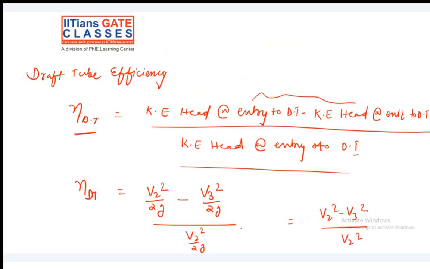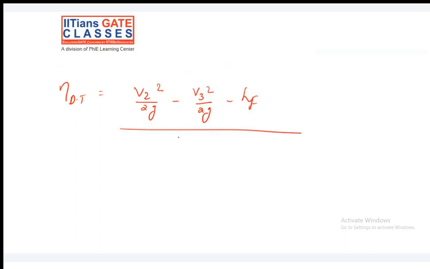And if there is some head loss in the draft tube due to friction, then we'll have to account for that also. So your eta draft tube would finally look like this: V2 square upon 2g minus V3 square upon 2g minus whatever the head loss was, divided by V2 square upon 2g. So this is the efficiency of the draft tube.